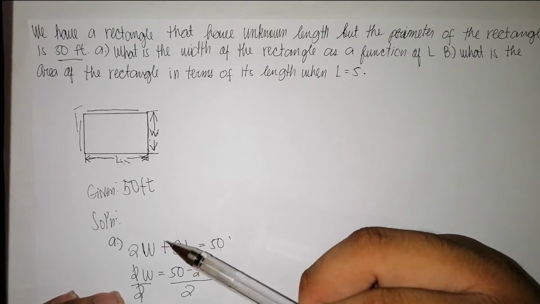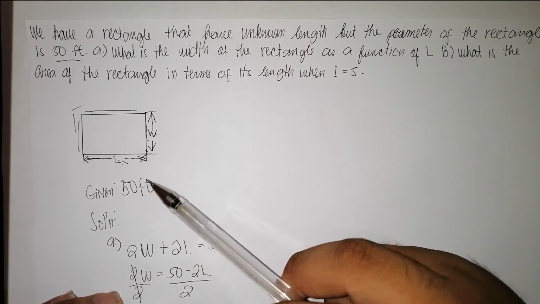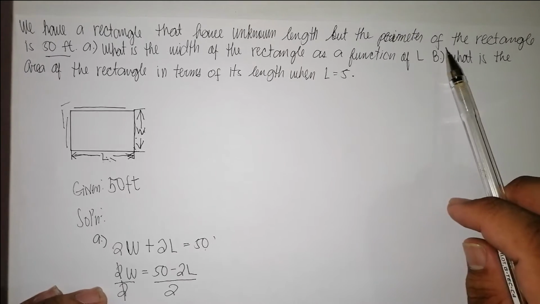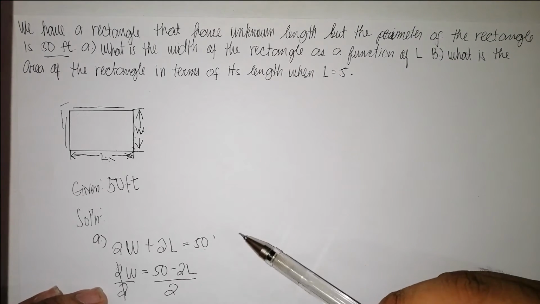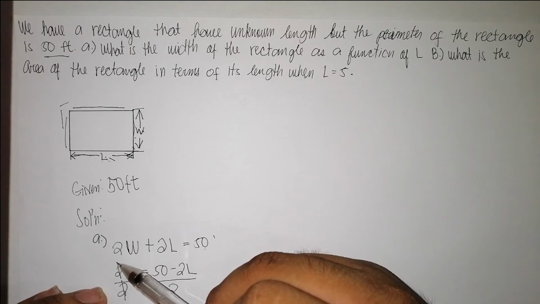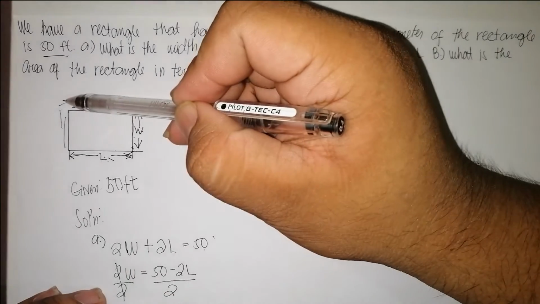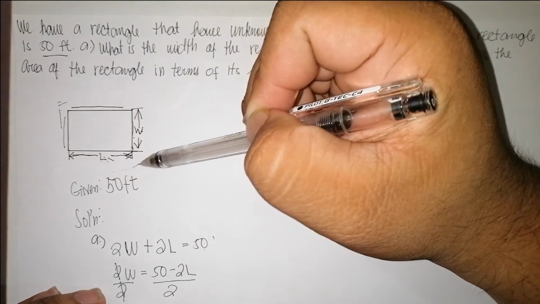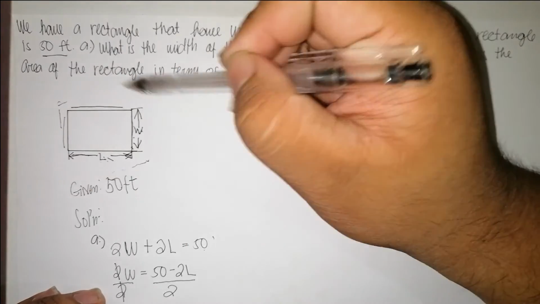So let's go to question number A. The given is 50 feet, which is the perimeter of the rectangle. So what we can do here is put the equation of the perimeter of this rectangle.